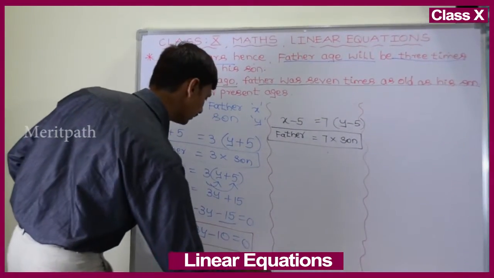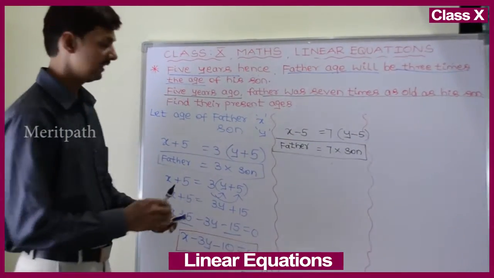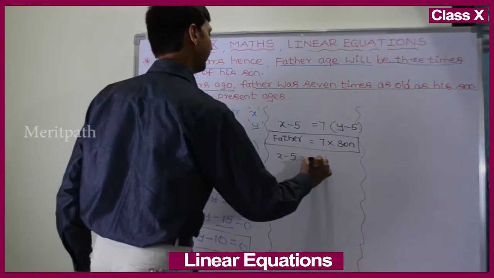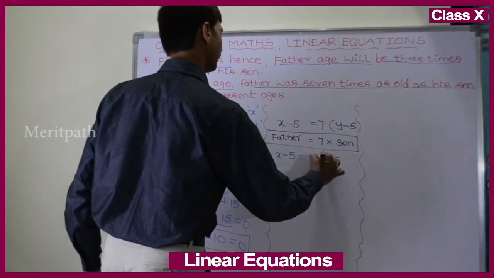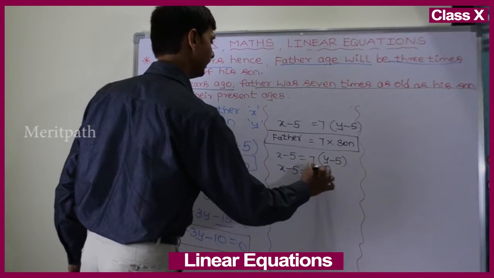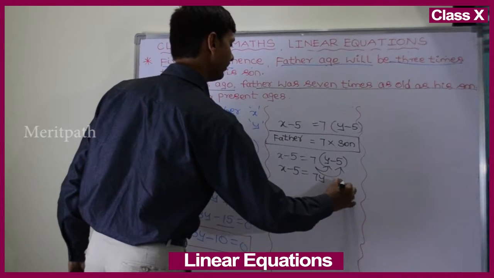First equation we got. And the second one, we will simplify this part. x minus 5 is equal to 7 into y minus 5. x minus 5 is equal to, multiplying by 7, 7y minus 35, since 7 fives are 35.